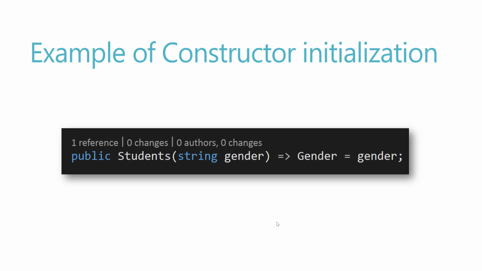Initially, we used to write public Students with string gender in parentheses, and within the body we write this.gender equals gender. But right now the code is much simplified using lambda expressions, otherwise called expression bodied members. Let's quickly see everything in action and understand how things work.